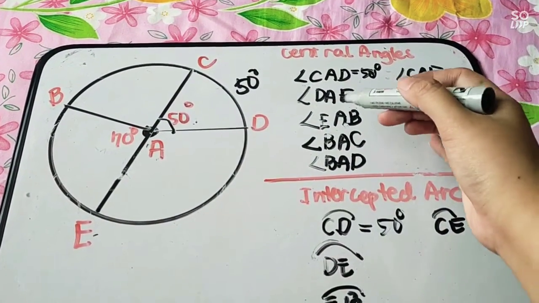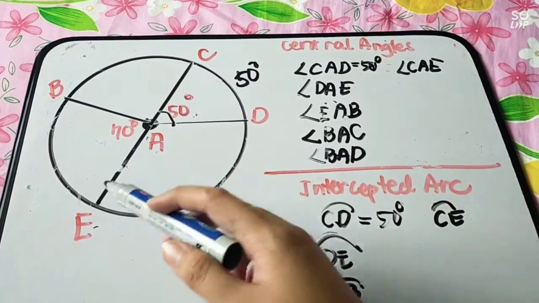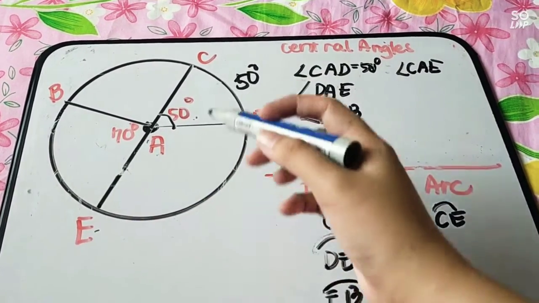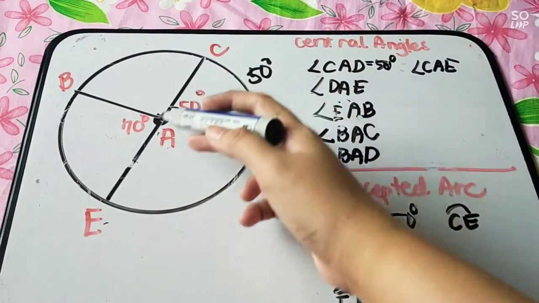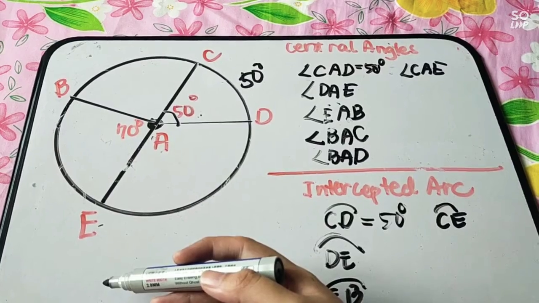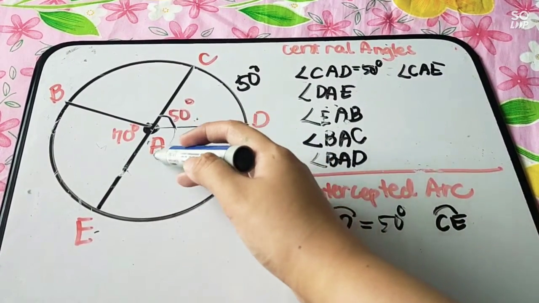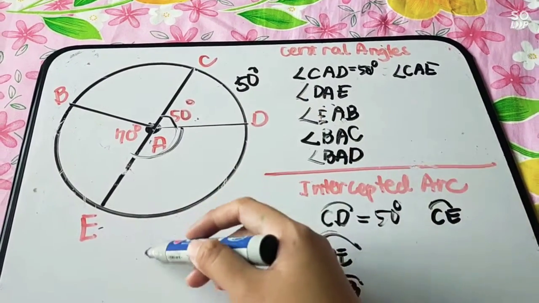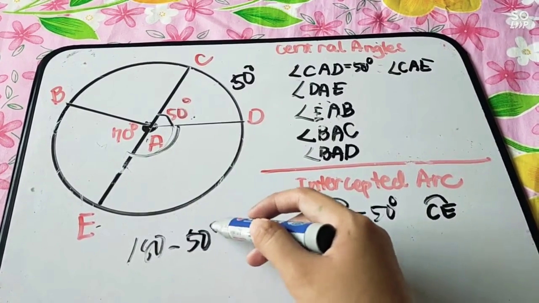Next, si angle DAE. Ngayon, paano mo kukuhanin si DAE? Diba, ito ang ating kalahati. Si CE. Kalahati yan. Ngayon, yung kalahati mo, kailangan 180 degrees. Okay? So, for you to find DAE, you are going to subtract 50 from 180.